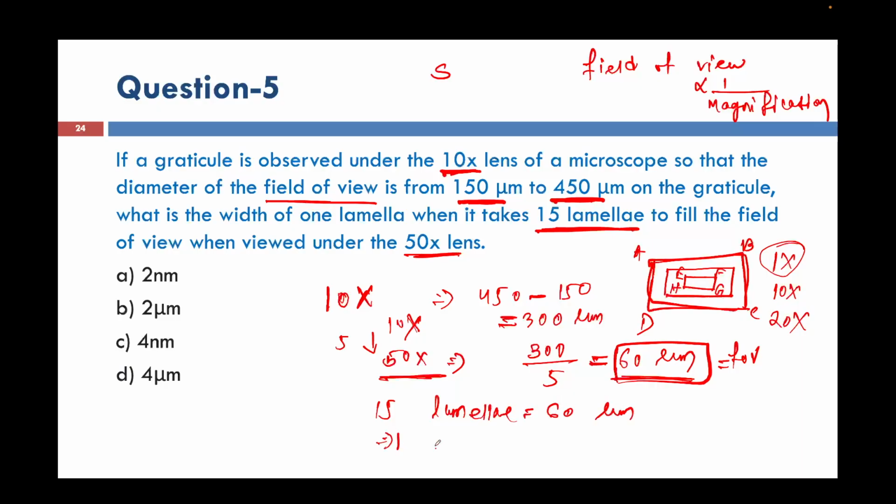If I am talking about one lamella, 60 by 15 is equal to 4 micrometer. Okay, so that means D will be the answer.